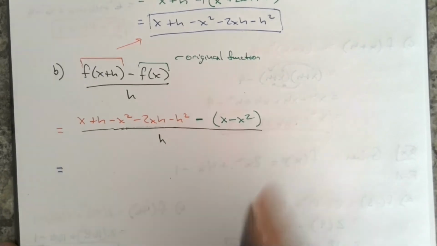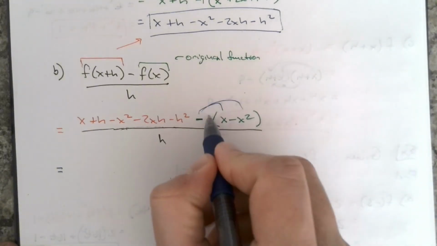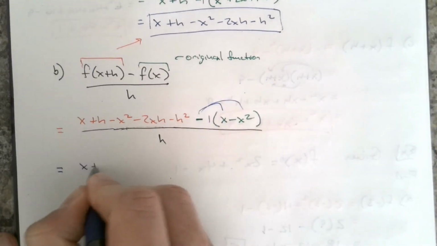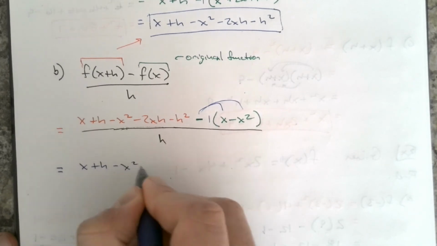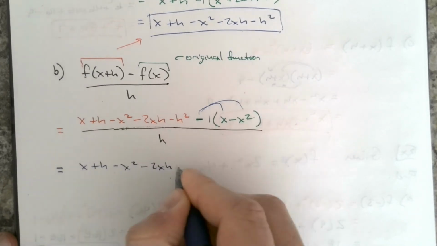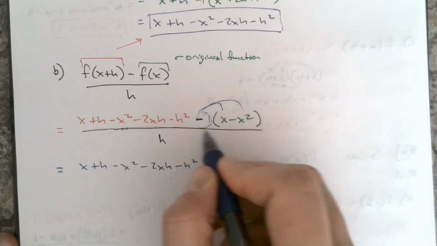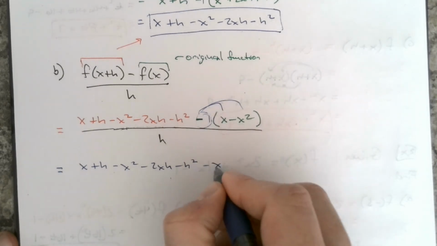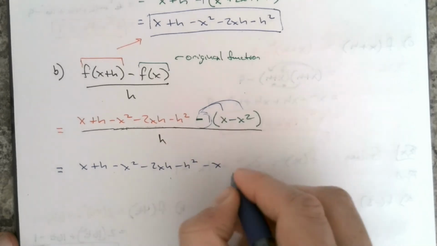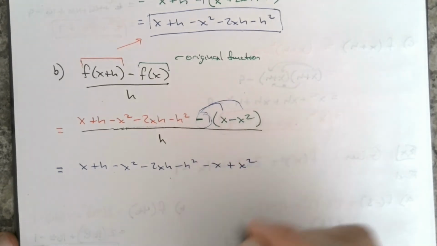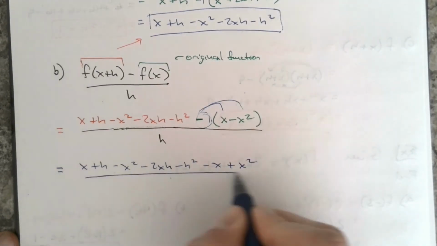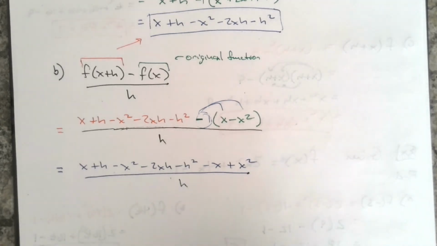To simplify this, I'm going to distribute the -1 from here through. So we end up with just keeping this x plus h minus x squared minus 2xh minus h squared. A -1 getting distributed through. A -1 times a positive x makes it negative x. A -1 times a negative x squared makes it positive x squared, and it's all over h.